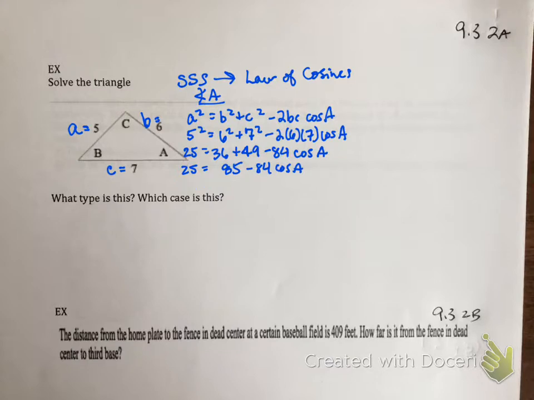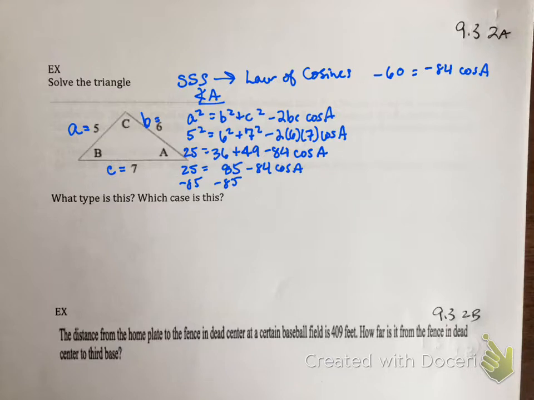I'm going to actually subtract 85 off of both sides. And when I subtract 25 minus 85, I get negative 60. So I have negative 60 equals negative 84 cosine of A.